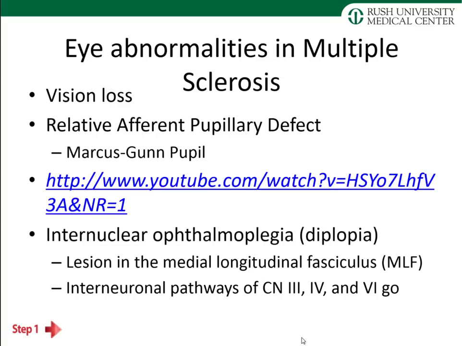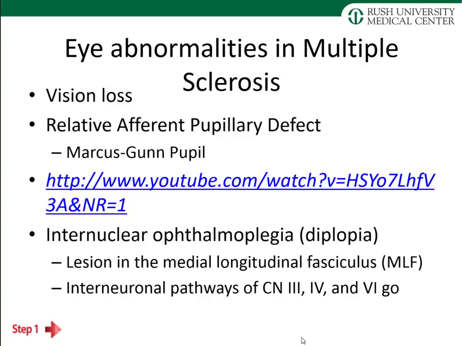What this is, is that when you shine your flashlight directly into each eye, both pupils will react normally. However, if you have demyelination in one of the eyes, what you will find is that when you quickly swing the light into each eye, both pupils will dilate instead of constricting because you have a weaker pupillary constriction in the eye that's been affected by the demyelination.